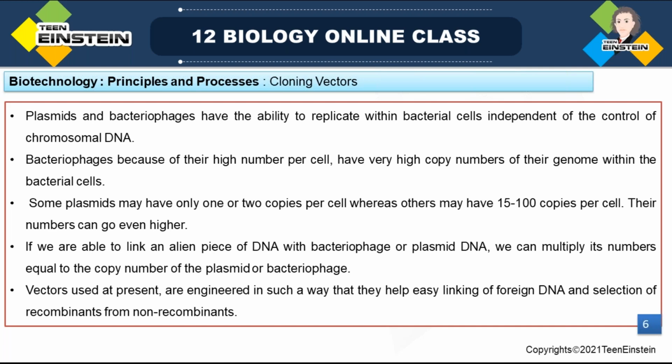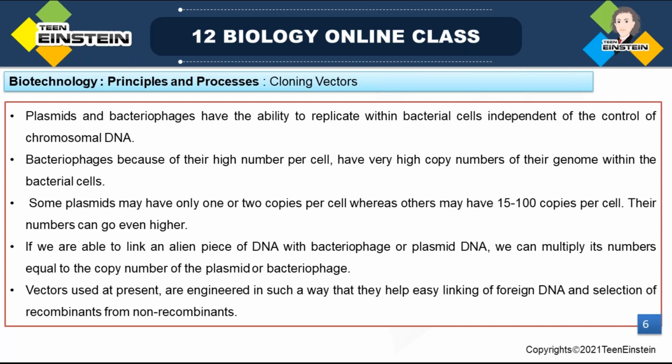Now, with the help of these biotechnological processes, scientists are designing many types of vectors. The vectors are designed in such a way that the linking process and the selection of recombinants are easy.